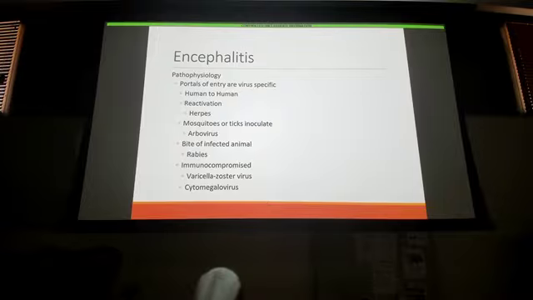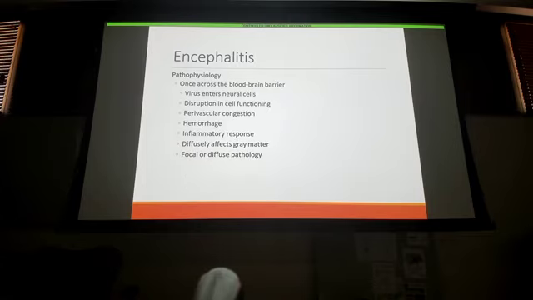All right, the portals of entry to this central nervous system are kind of variable based on what the virus is. We're talking about viruses primarily right now, viruses that are getting into the central nervous system. You can read through that, but that kind of makes sense, right? Not everything's going to get into the central nervous system the exact same route. Once that virus passes the blood-brain barrier, you guys heard that phrase before? The blood-brain barrier, that kind of thin layer of blood that insulates the brain.